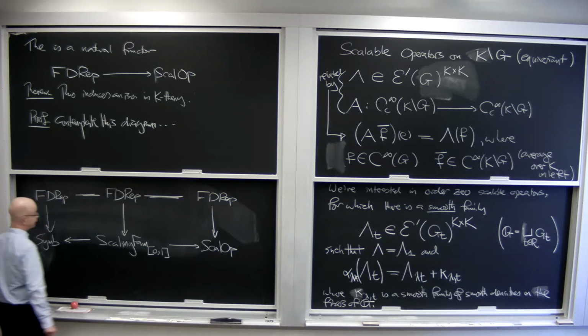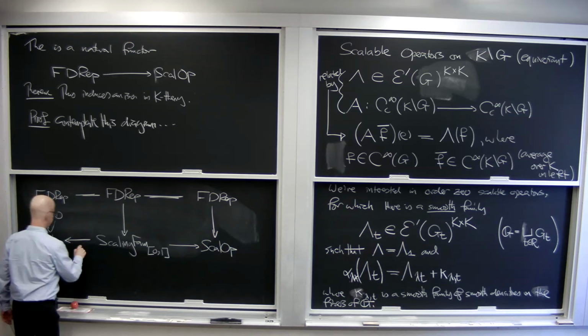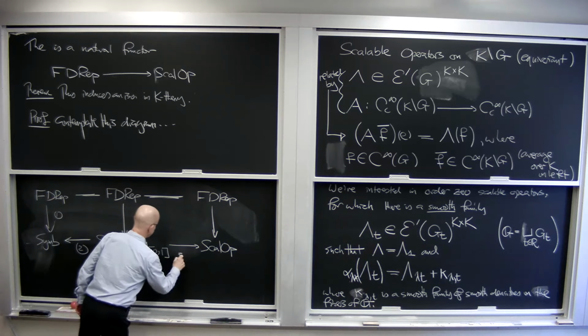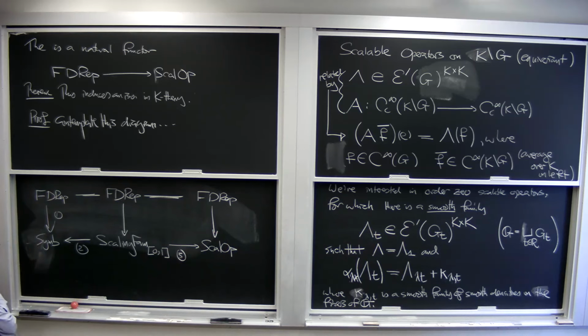So the strategy for doing that is to understand what happens on the left and down here and down here. If we're able to show that these three morphisms are isomorphisms in K-theory, then we're in business. I think you'll agree.